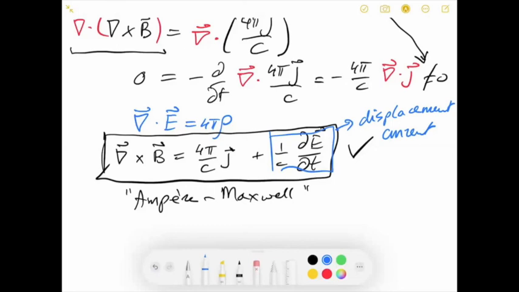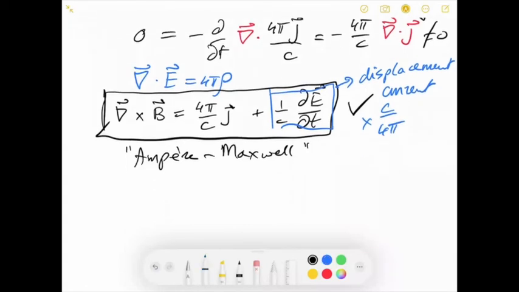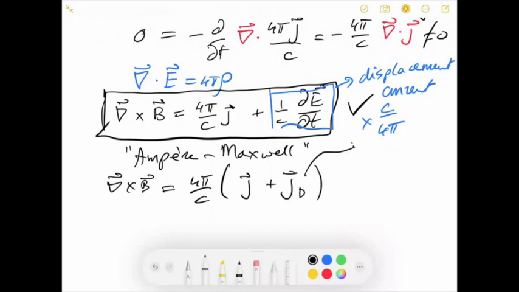Now, I would personally say it should be that times c over 4π, such that you can write this as curl of B is 4π over c, and now we have a J plus a J displacement current, and that J displacement current is that thing that came from the right there.